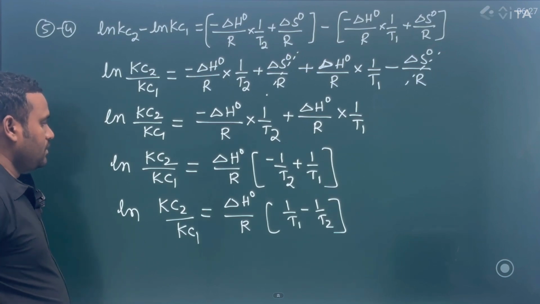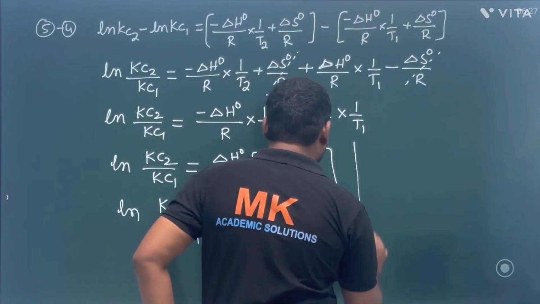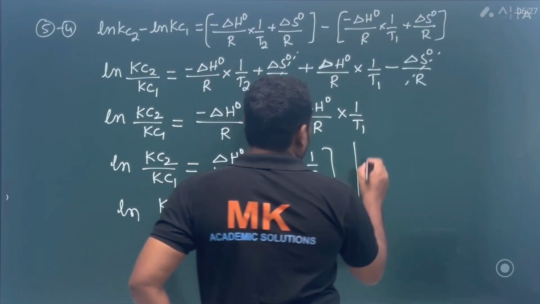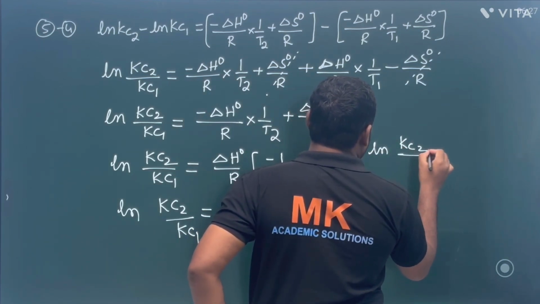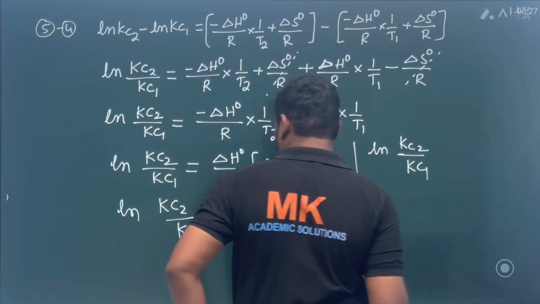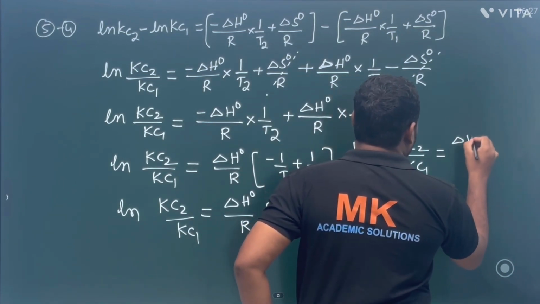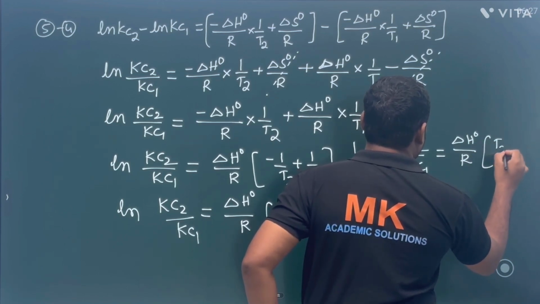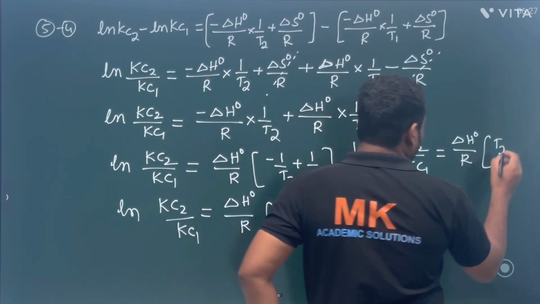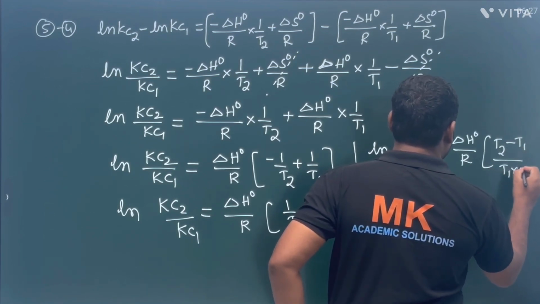Now we can write this as ln Kc2 by Kc1 is equal to delta H naught by R into T2 minus T1 by T1 into T2.